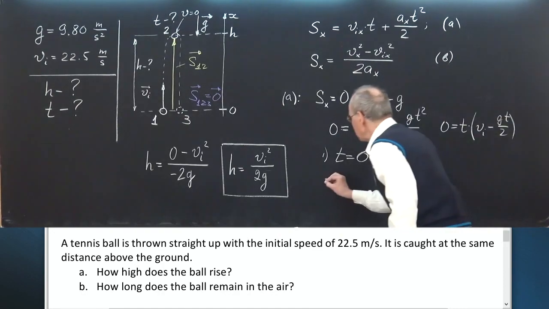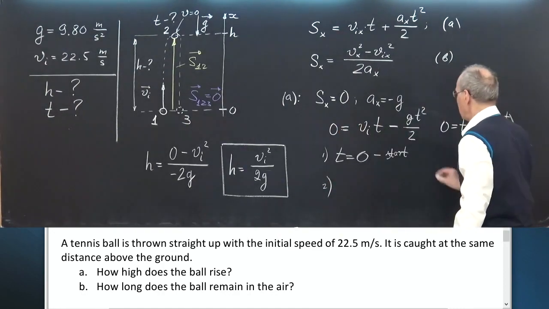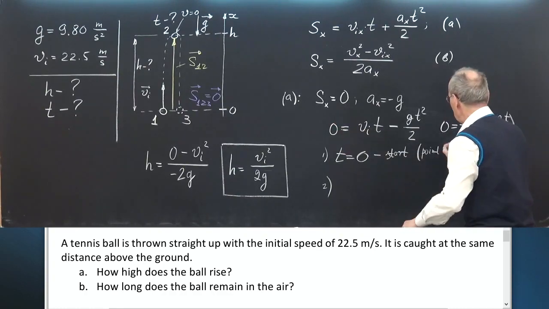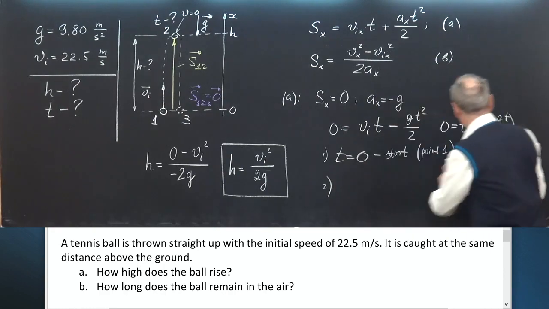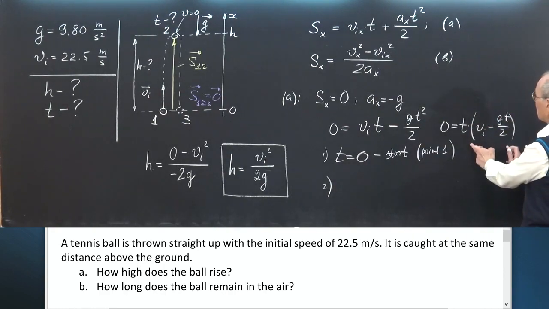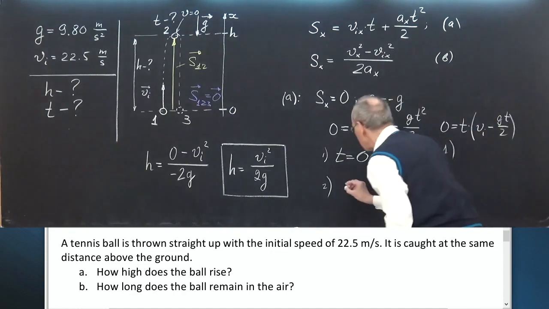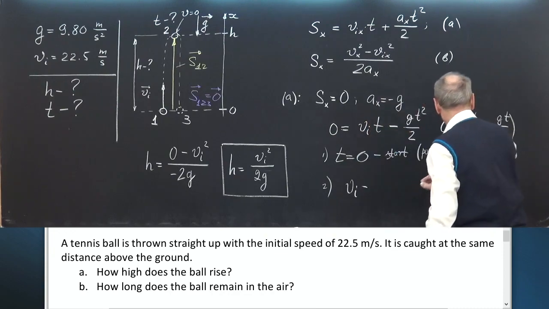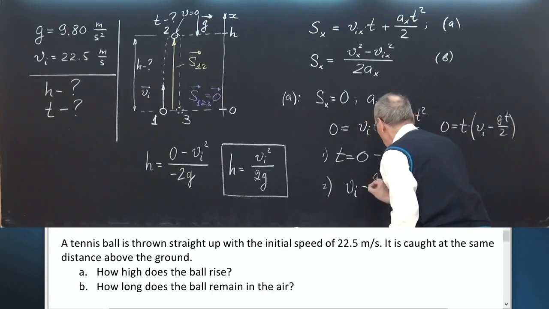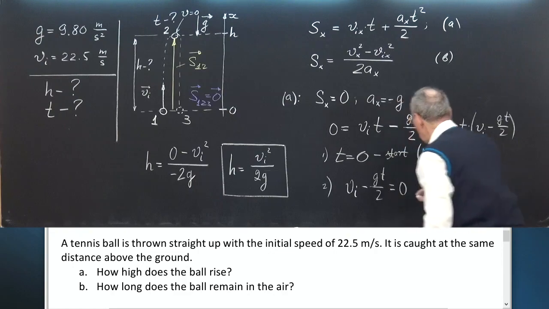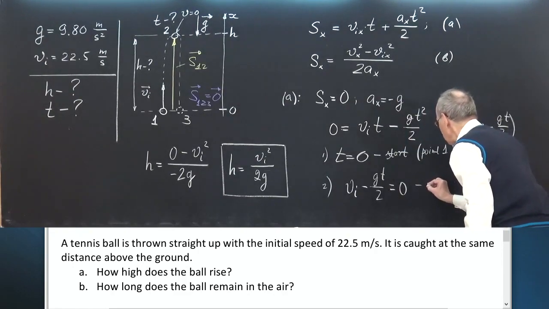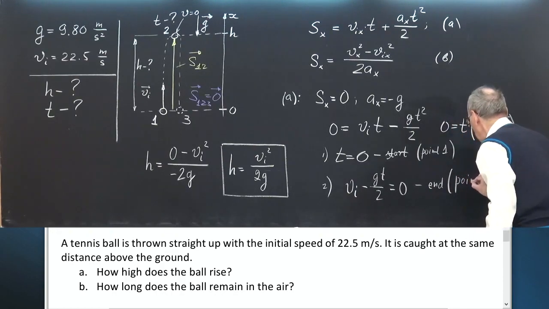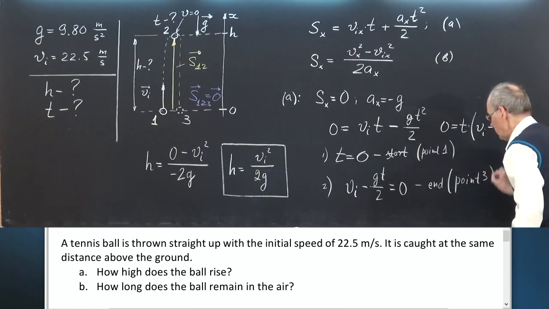And the second point: these brackets are 0, v initial minus g t over 2 equals 0, ending point, point 3.